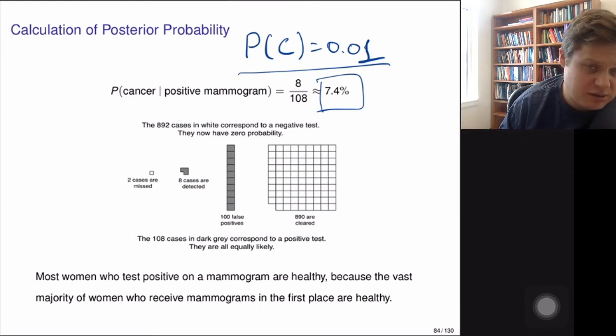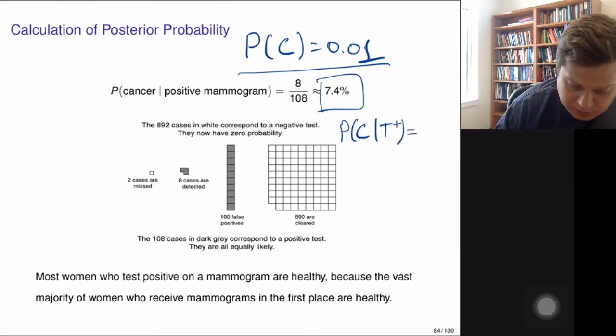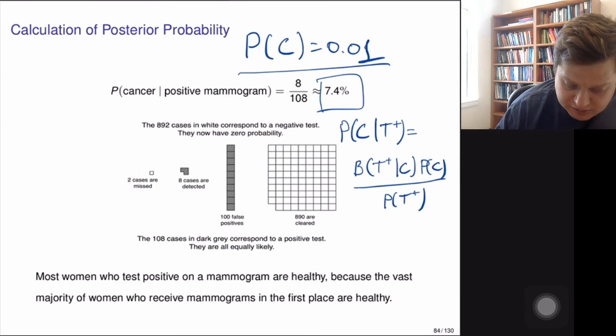Now, if we use the formal way and apply the Bayes rule to those calculations, we want to calculate the probability of cancer given the test was positive. I will write it like this. We're just going to apply the Bayes rule, so it's the probability of the test being positive given that the person has cancer, times the probability that the person has cancer, divided by the total fraction of people who tested positive. The probability of being tested positive given you have cancer is 0.8.